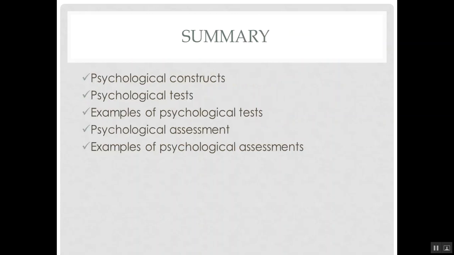So here we've talked about psychological constructs, which are underlying and unobservable, and we need psychological tests in order to assess them effectively. We've covered a variety of different examples of psychological tests and also instances where one psychological test will not provide enough information and the practitioner needs to conduct a full psychological assessment.